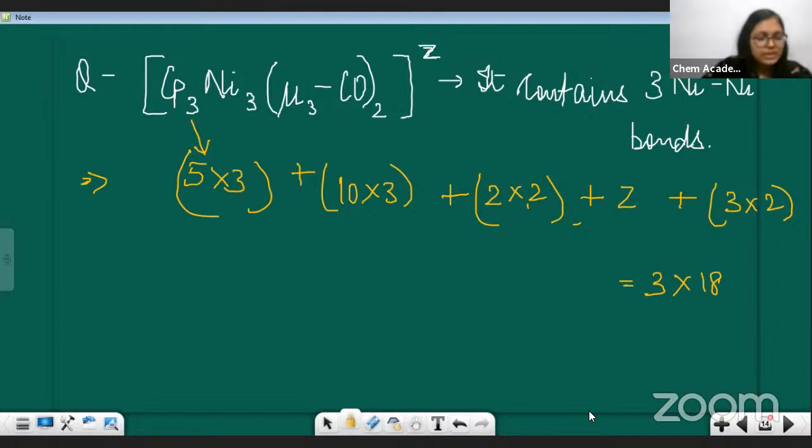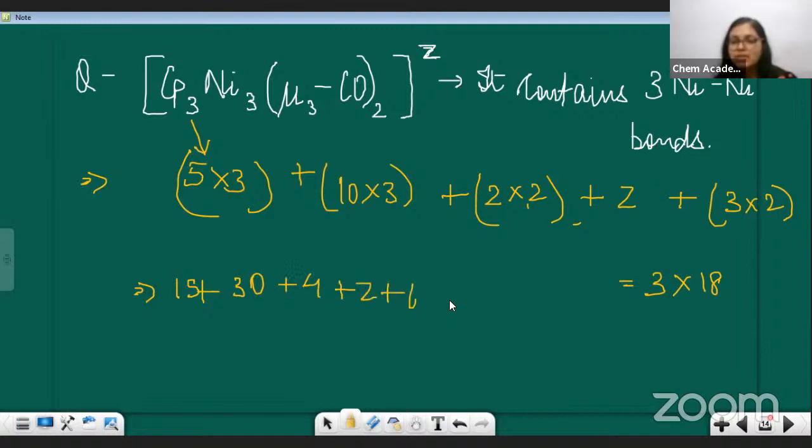What should be the value for Z? Please write down in the chat. Okay. So here upon solving this, we will get 15 plus 30 plus 4 plus Z plus 6 equals 54.